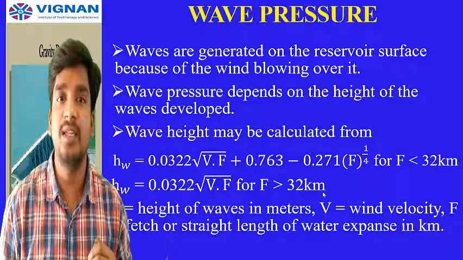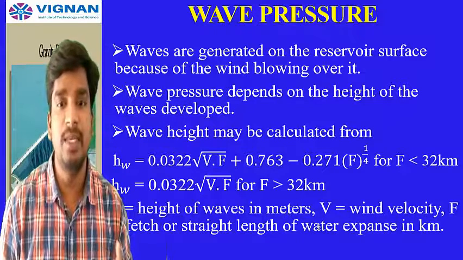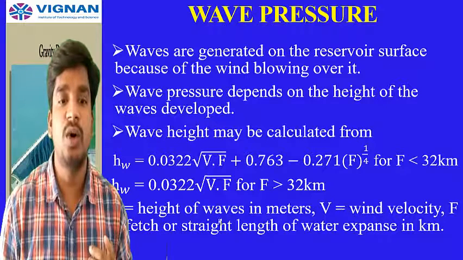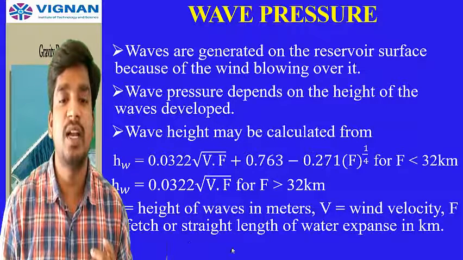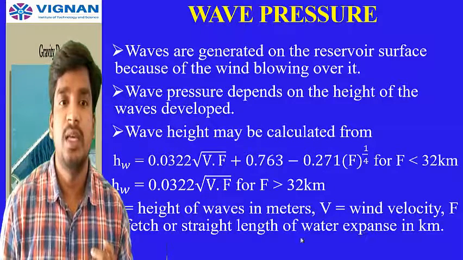If it is greater than 32 kilometers, then the formula reduces to 0.0322 under root V into F. Here h is the height of the waves in meters, V is the wind velocity and F is the fetch, or straight length of the water expanse, in kilometers. Depending on this, we can compute the wave pressure.